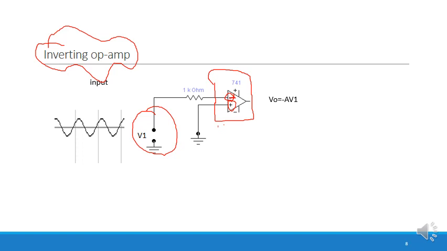According to the pin configuration, this is pin number 2. If the input voltage is applied to pin number 2, the inverting terminal, and the non-inverting terminal is at ground, then your output is Vout equals minus A into V1.